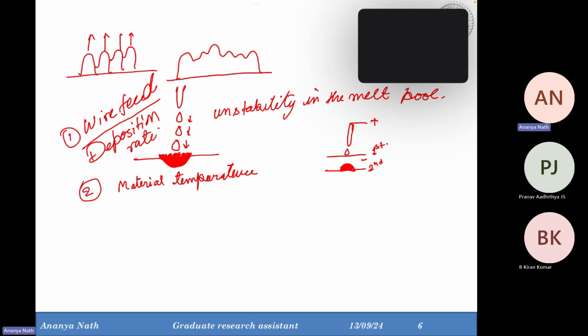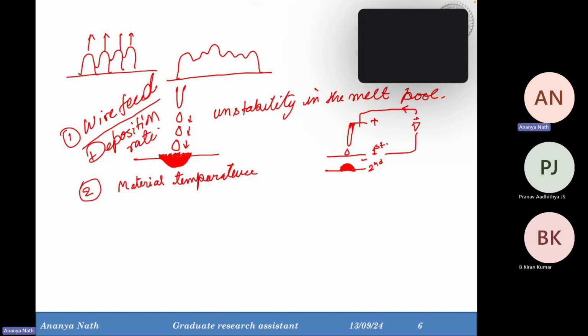So there is nothing called material temperature, because what will be the material temperature? You are providing one voltage, because of which there is current passing through, and the arc is getting established through the build plate. And due to that arc, the electrode is getting melted.